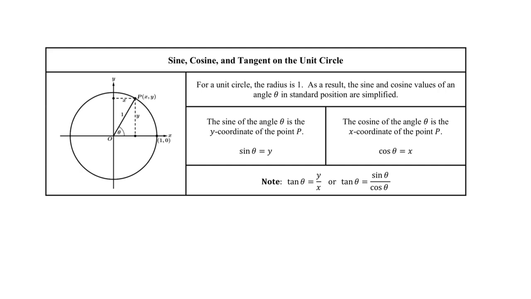So in the unit circle, sine is only y, and cosine is only x. Tangent is still y over x, or sine over cosine, but we don't have to worry about the r, because the r will always be 1 in the unit circle. And that's going to help us with memorizing some of the quantities that we need to remember for sine and cosine of those special radian measures.